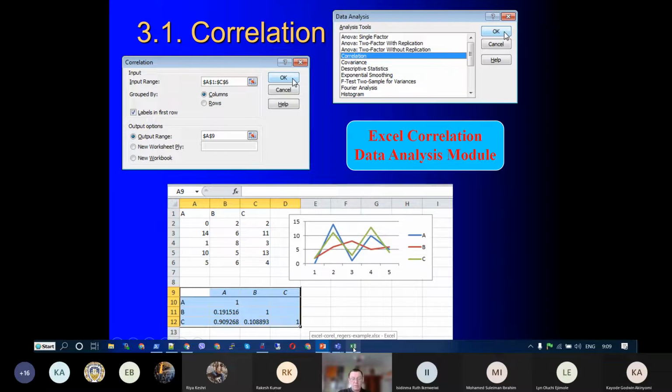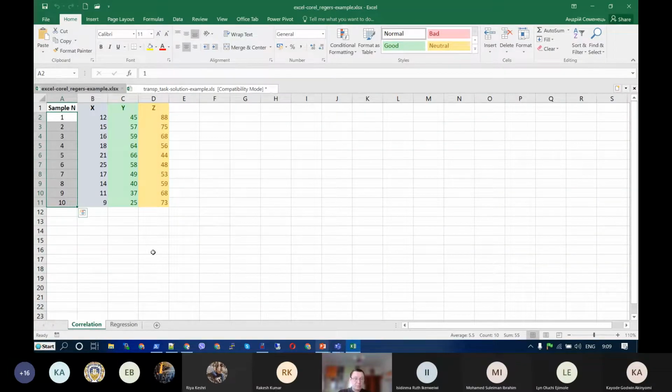So let's move into my worksheet, where I have some variables to analyze.